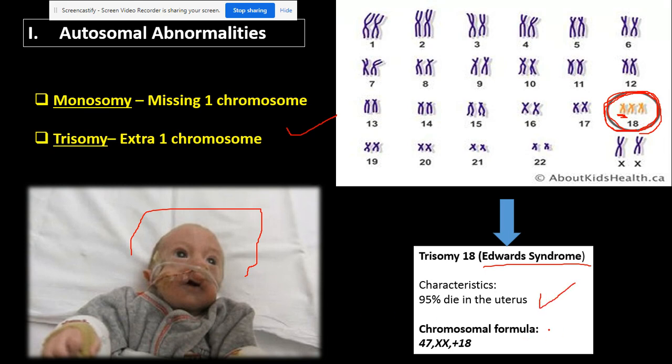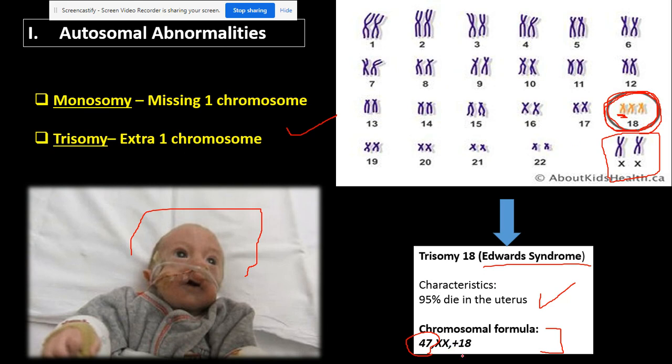Now, I want you to have a look at the formula. Since the total number of chromosomes is 47, because I have an extra chromosome, it's not 46 anymore. Comma, XX, because this is a female, and we represent the female as XX.